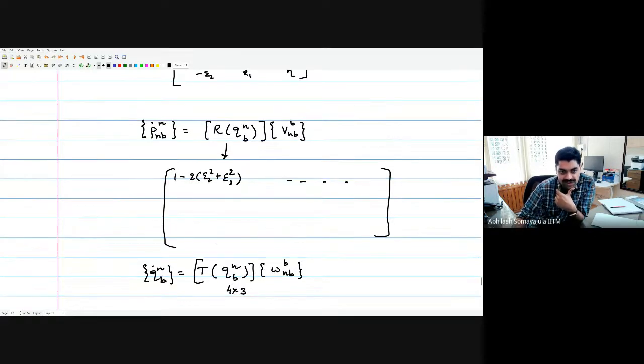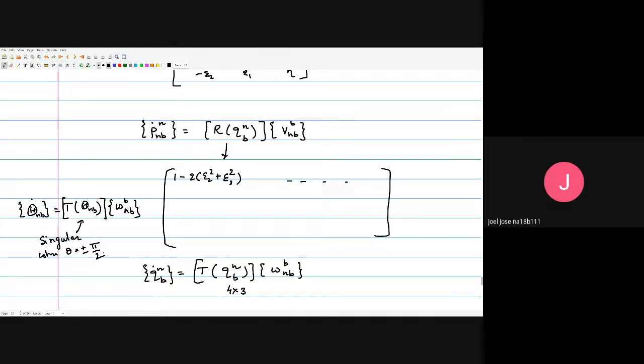In the previous case, we had the Euler angle rates related by a T matrix to the angular velocity of the body, and this matrix was becoming singular when theta was equal to plus or minus pi by 2. Everybody remember that?